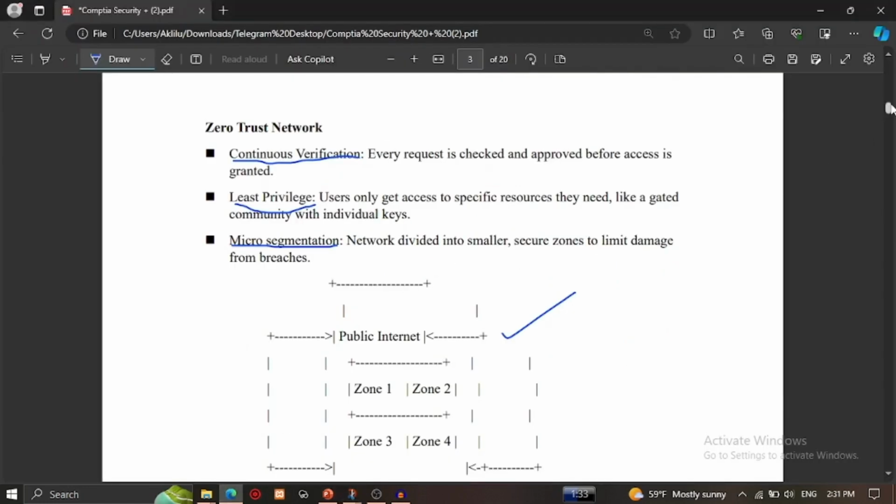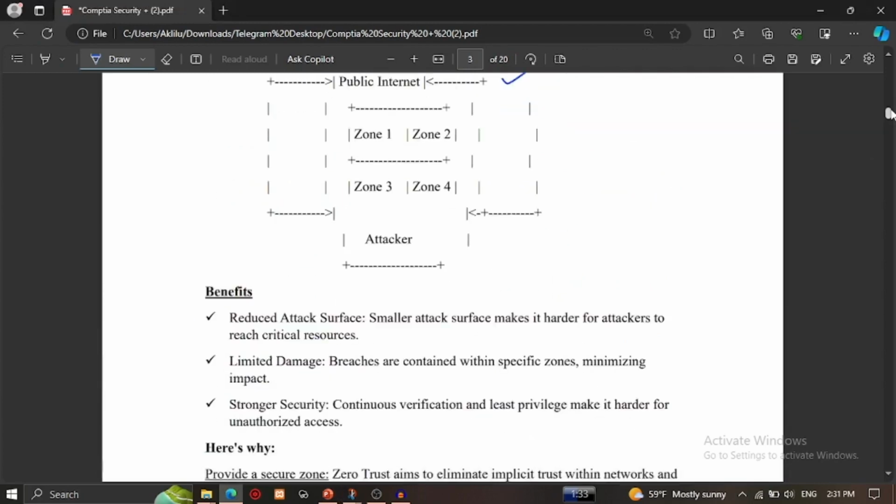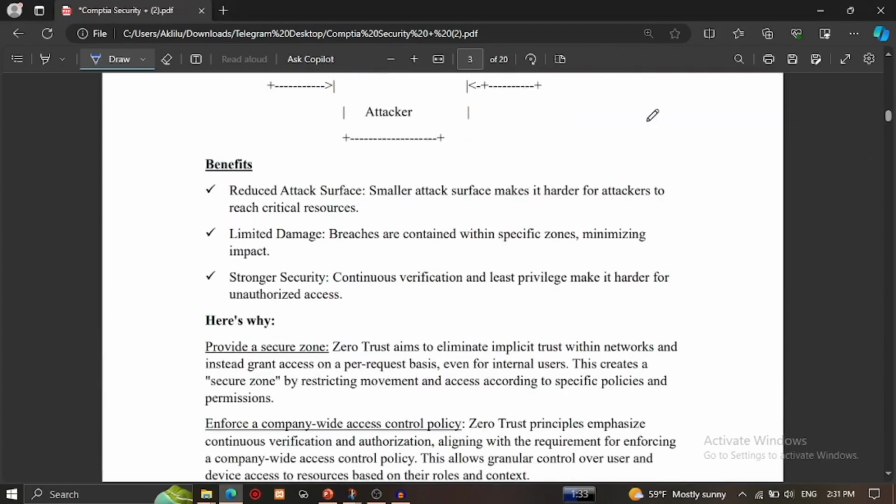It's important to note that zero trust security reduces the attack surface, since a smaller attack surface makes it harder for an attacker to reach critical resources, and it also limits the damage since it is divided into various zones. So maybe a specific zone can be attacked, rather than in a traditional network where all the zones will be infected. So it minimizes our impact.